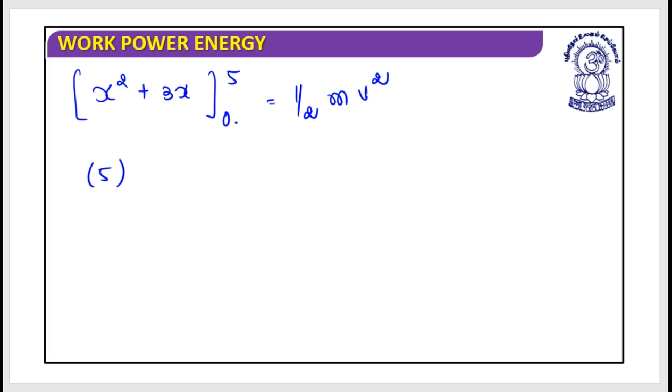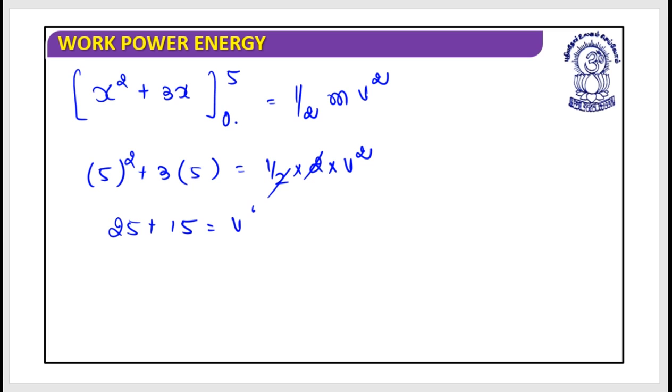So this is 5 square plus 3 into 5 should be equal to half into mass. The mass is 2 kg multiplied by velocity square. This has gone. It's 5 square, it's 25 plus 15 should be equal to v square. So v square should be equal to 40, or I should say v should be equal to root of 40 meter per second.